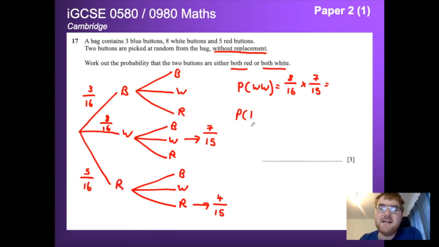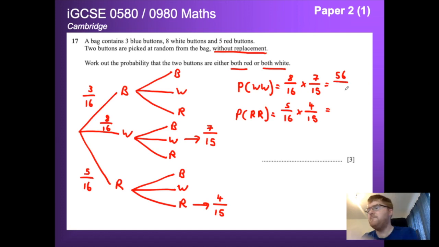So the probability of red, red, which is what we want, is equal to 5 out of 16 times 4 out of 15, like so. So we get 56 on the top here. Now 16 times 15, I think I'll just use my quick calculator. That's going to be equal to 240.